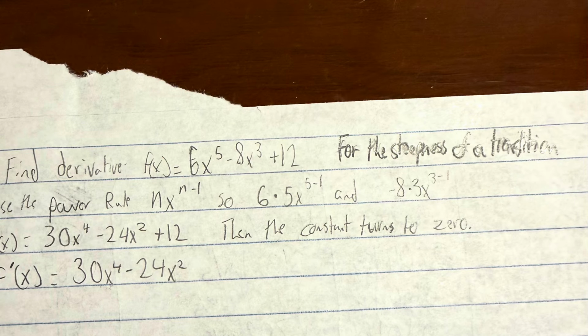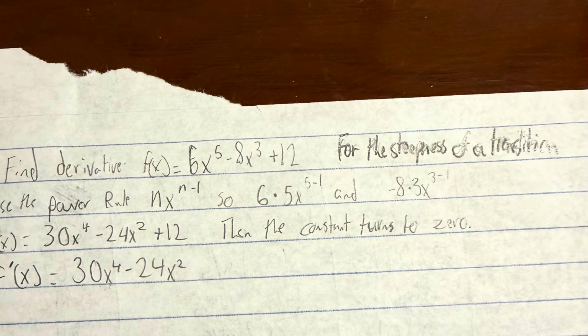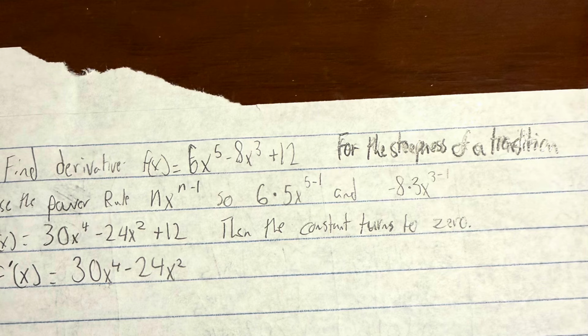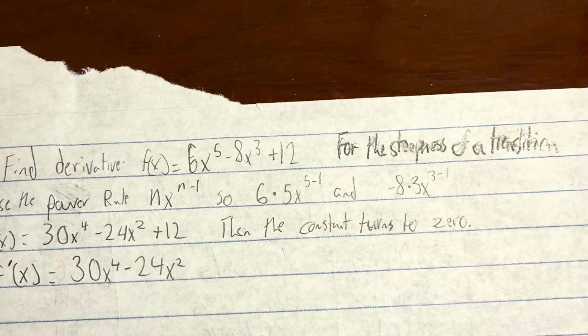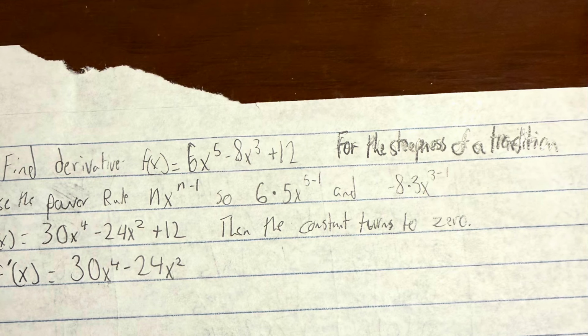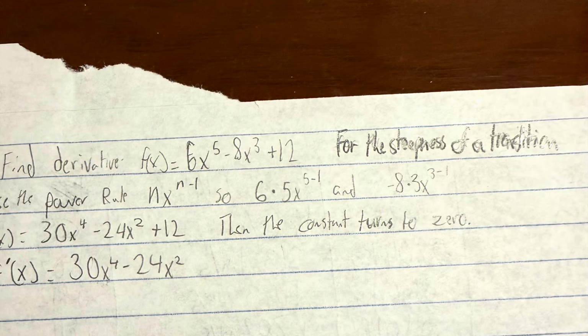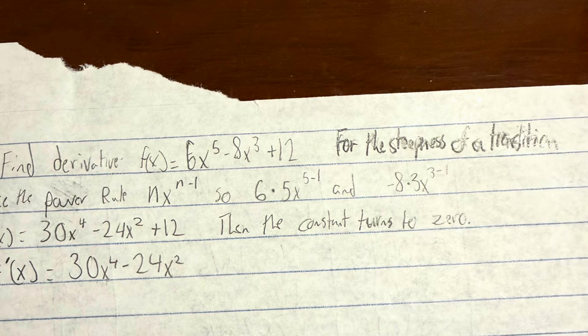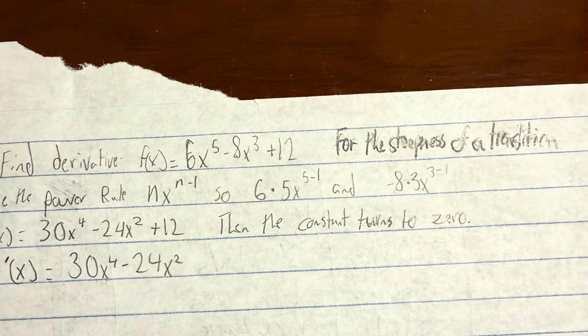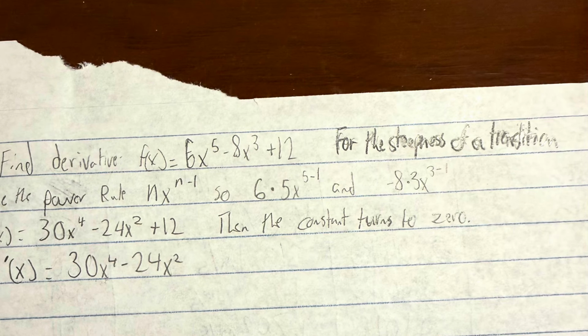Then you would do the same thing for the negative 8x to the power of 3, where you would go negative 8 times 3x to the power of 3 minus 1, and that would give you negative 24x squared.